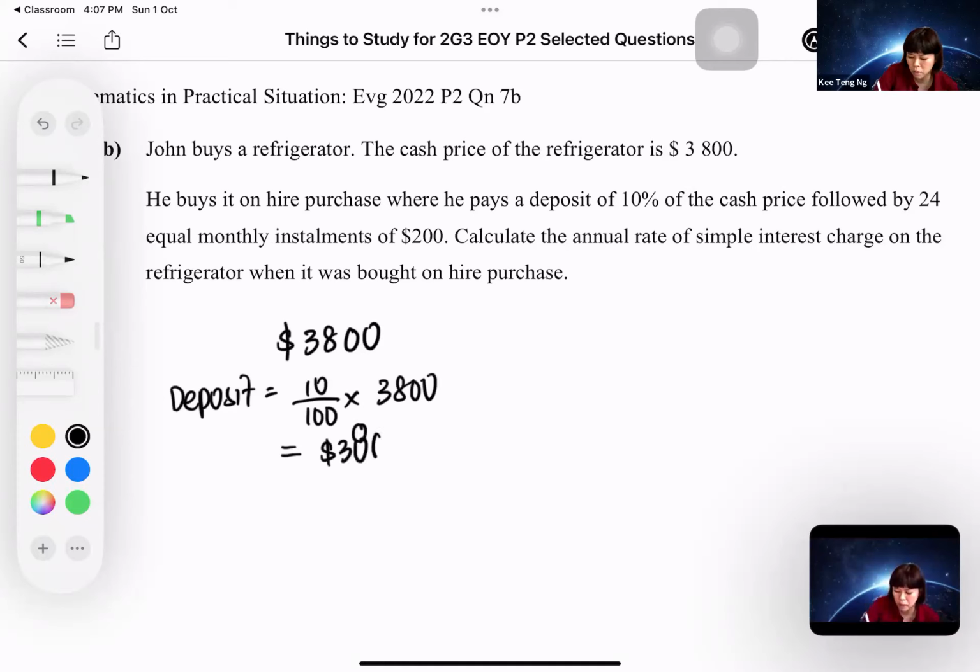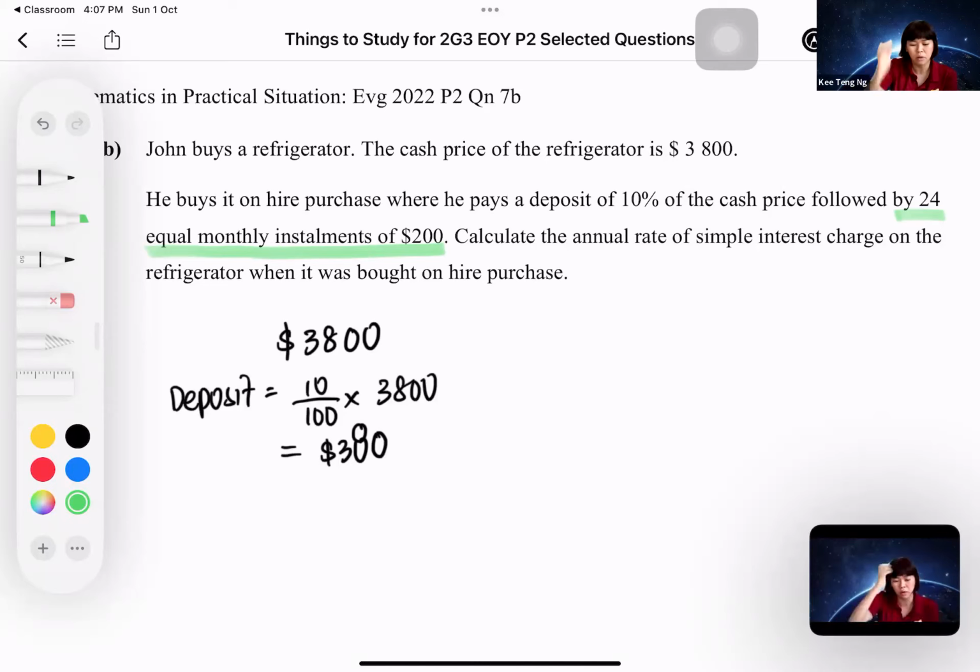But I need to pay the rest, and I don't have enough money to pay upfront, so I'm paying the rest by 24 equal monthly installments of $200, and calculate the annual rate of interest charged on the refrigerator.